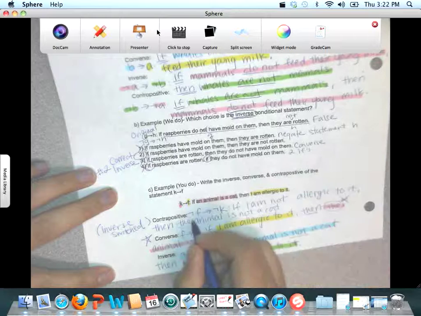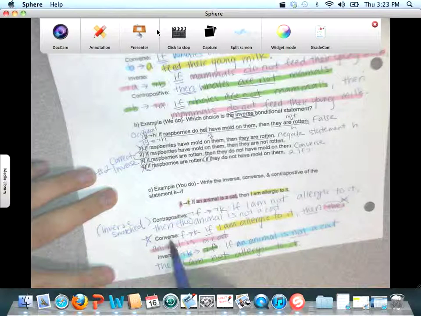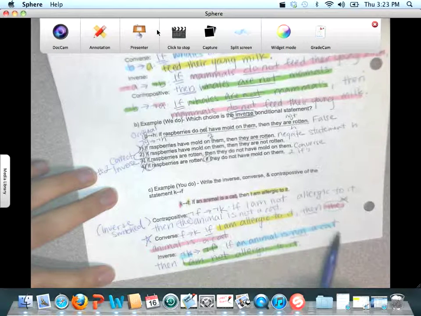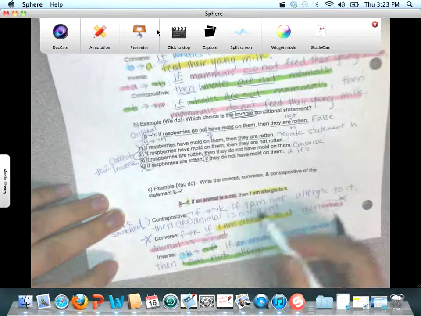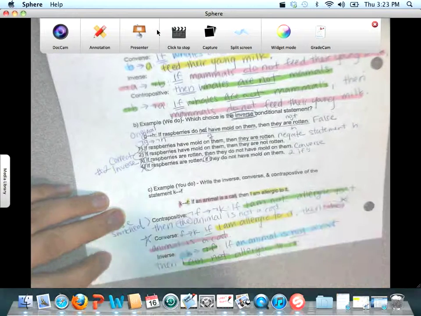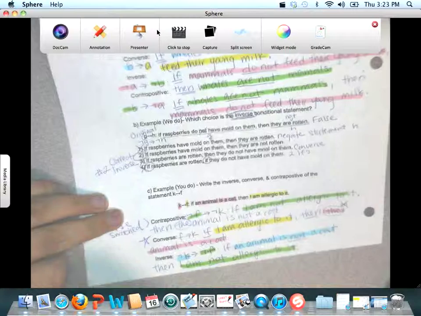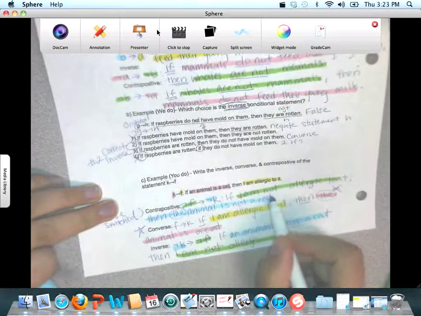And notice that I use that word the again because again this K statement came second. Colors to help me really see the difference. Not F is first and not K is second.